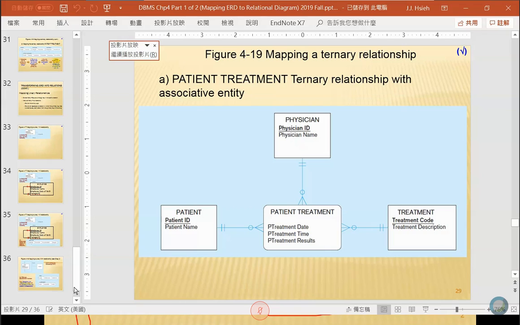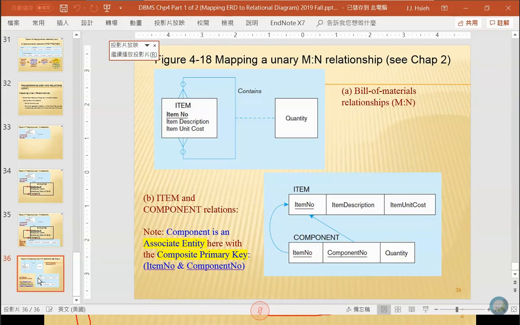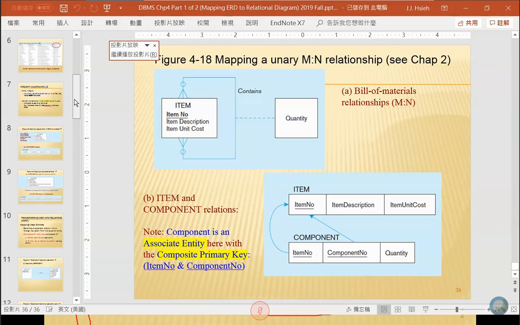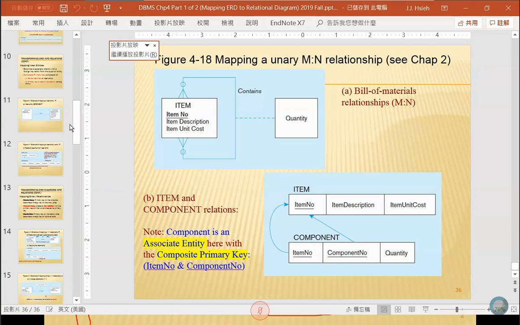Before I move to anomalies, I hope to show you more slides about how to convert ER diagrams into the relational model. Let me just remove all the.